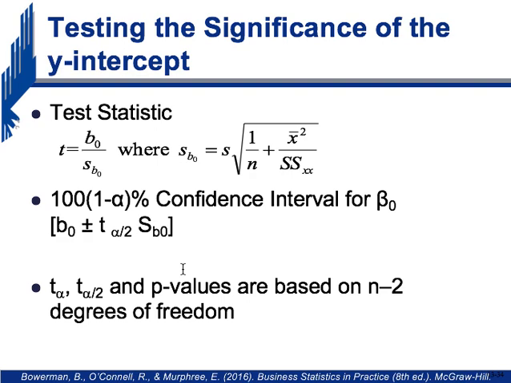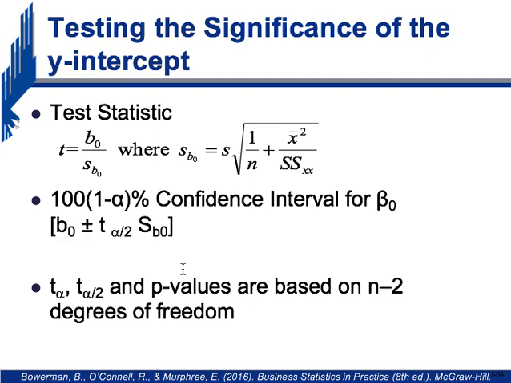Now, aside from those two tests, we can also test for the significance of the y-intercept. In order to test the significance of the y-intercept, we have these formulas. The test statistic is b sub 0 over s sub b sub 0, where s sub b sub 0 is equal to s times the square root of 1 over n plus x bar squared over SSxx.